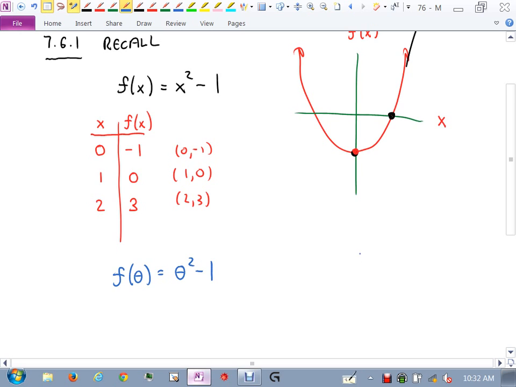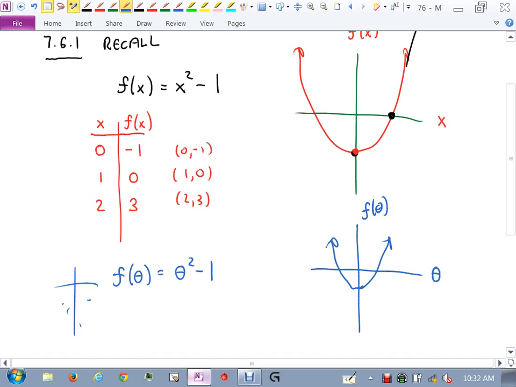If we graph it, the only difference is that instead of having the x-axis, we would call it the theta axis, and then up here would be f of theta. And then we would still make our little t-table and we'd still come up with the same parabola, wouldn't we? Same exact thing, but we would get it by plugging in values of theta, getting an input and an output, and then graphing that as a point, yes?